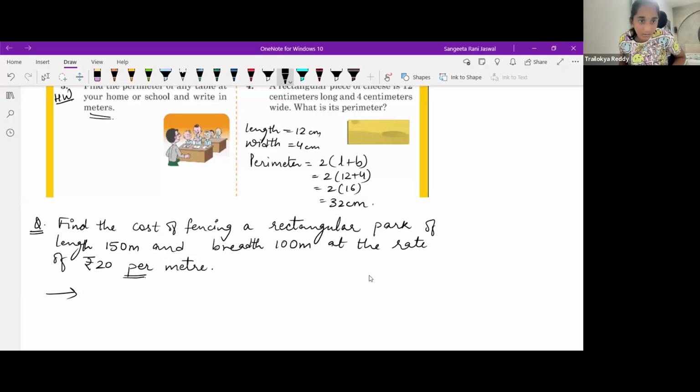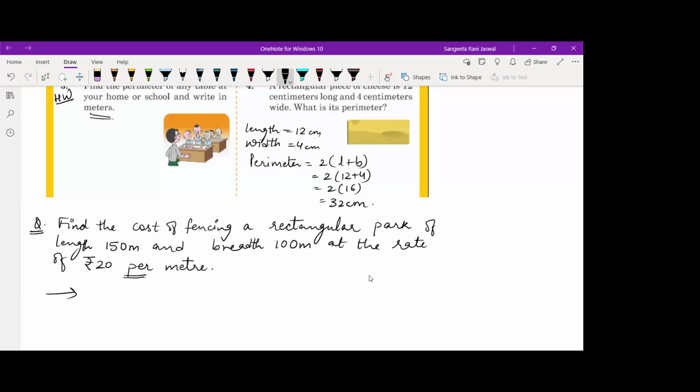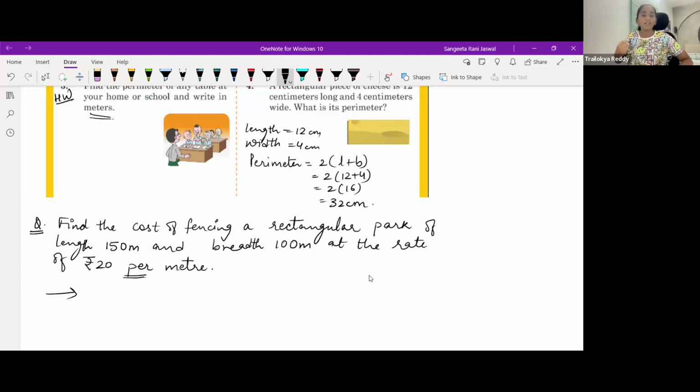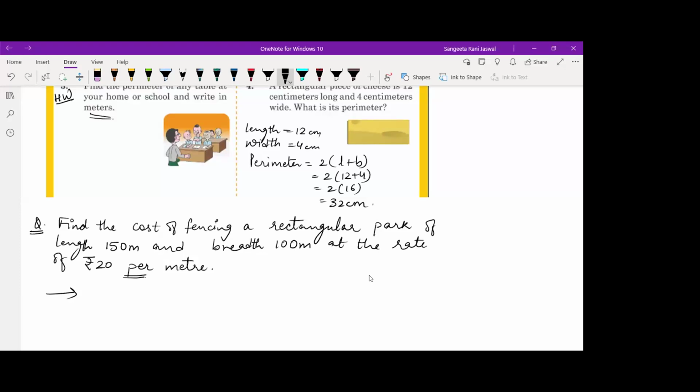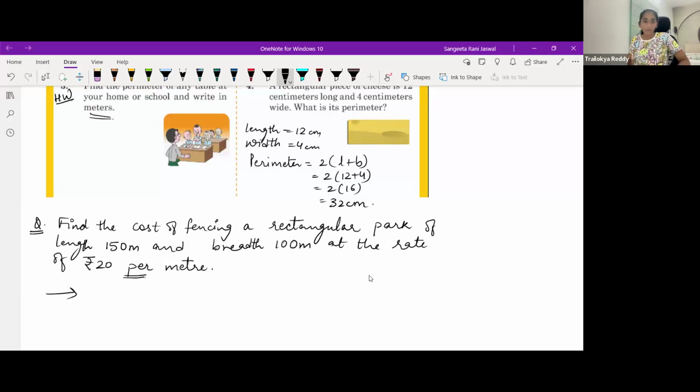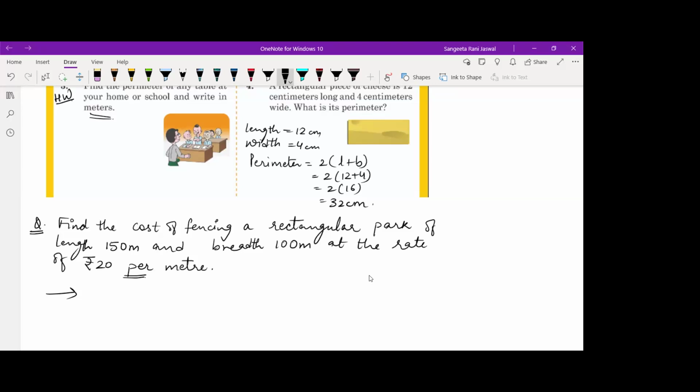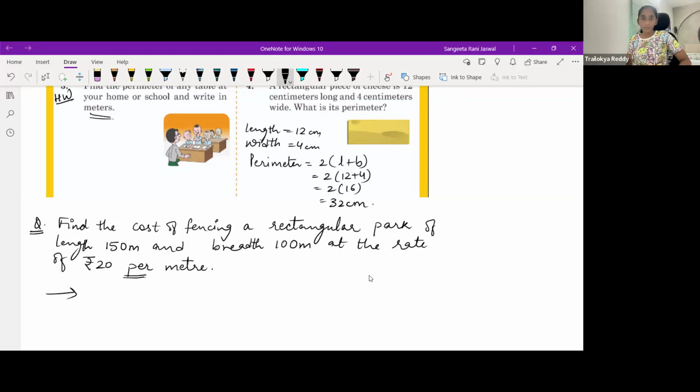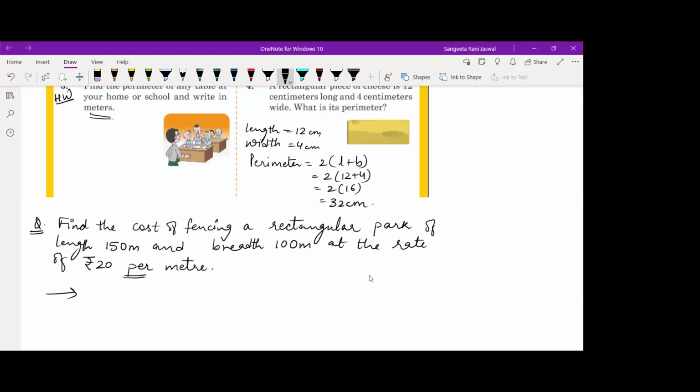Then what will you do with length and breadth? We have to find the perimeter. Very good. You will first find the perimeter. And then you are given the cost of 1 meter of fencing. For 1 meter the cost is 20 rupees. So for the complete boundary, you will multiply the whole perimeter that you have got with 20 rupees. Do.